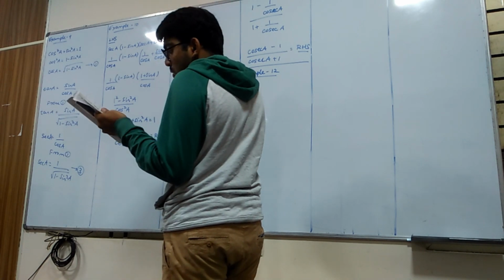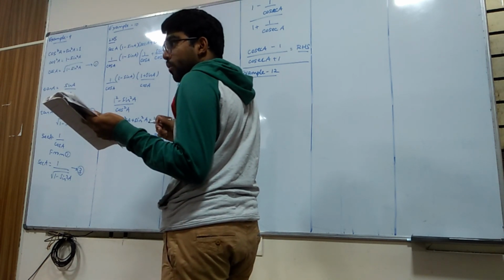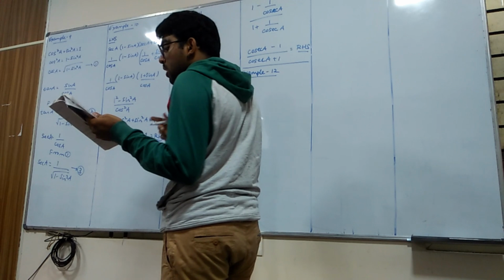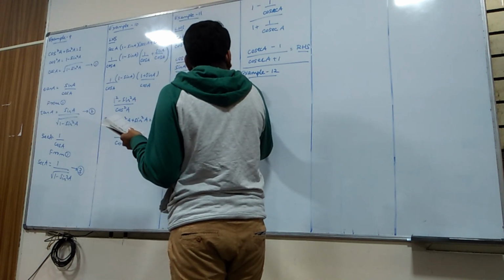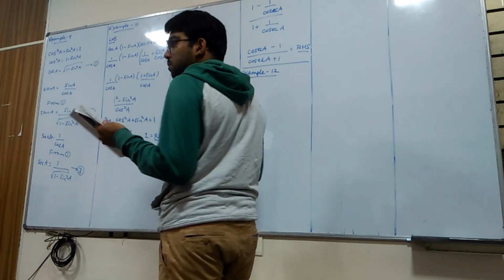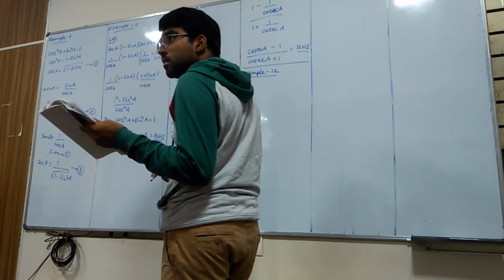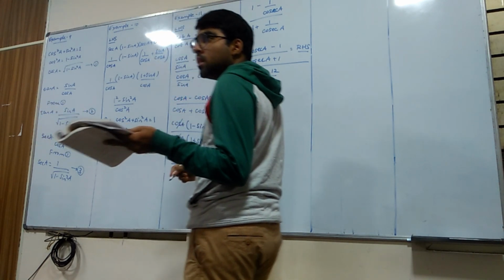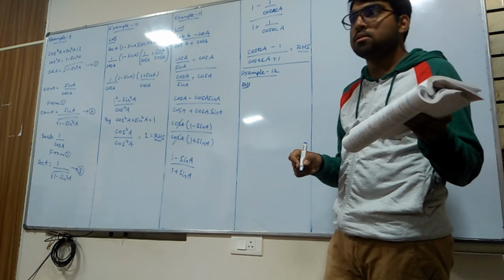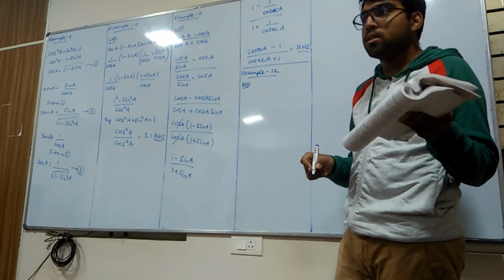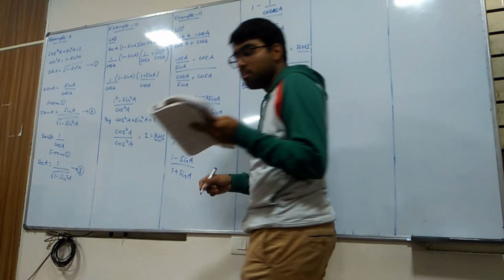Now you see the question in your textbook. In your RHS they have given the complicated part. The LHS is simple. It is in terms of sine and cos. You can solve it, whereas the RHS is a bit complicated.